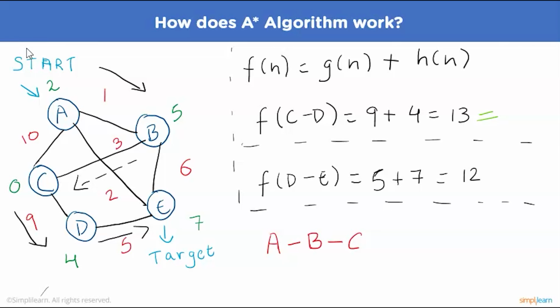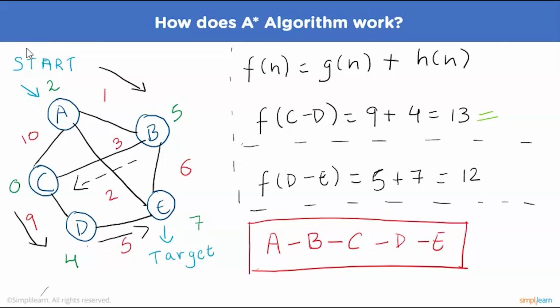So the only path we could take was to D. Now, once we arrived at node D, the only node that we could travel to again was E. So using A star algorithm, this is the final path that we've taken to traverse from our start node A to our target node E.